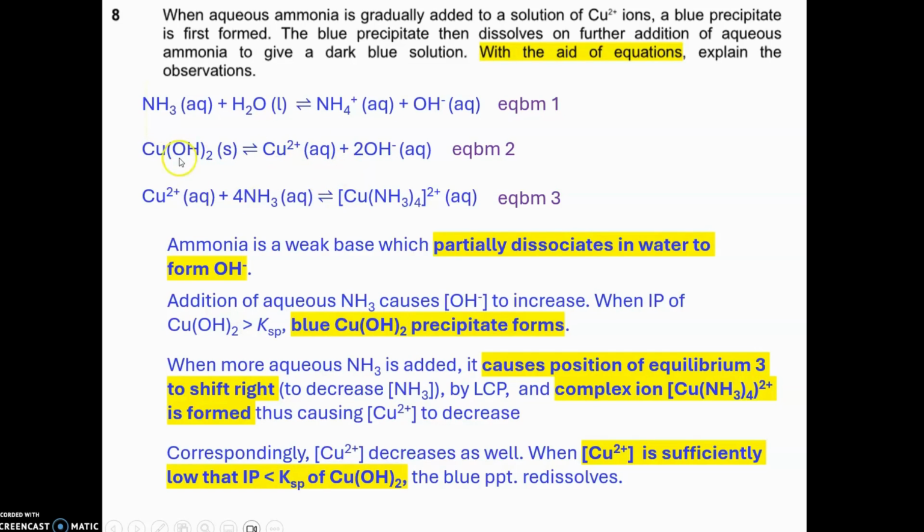And what you can visibly see is that the Cu(OH)2 precipitate is starting to dissolve. And this decrease in Cu2+ concentration reaches a point where the ionic product of Cu(OH)2 is now smaller than the solubility product, and that is when the blue precipitate of Cu(OH)2 has completely redissolved to give you this dark blue colored solution.